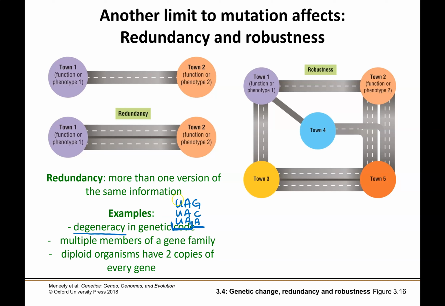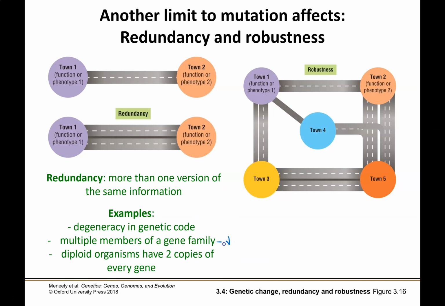So that UAG might encode for a specific amino acid, but UAC also codes for the same one, and UAA codes for the same one. So if you have a mutation that changes this codon from UAG to UAC, you're not actually going to change your amino acid. We can also have multiple members of the same gene family.